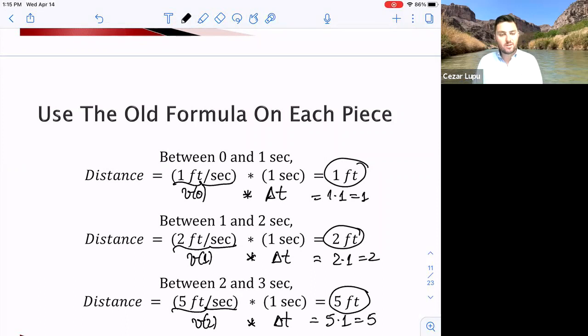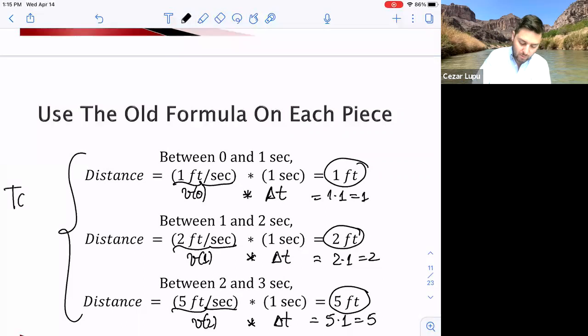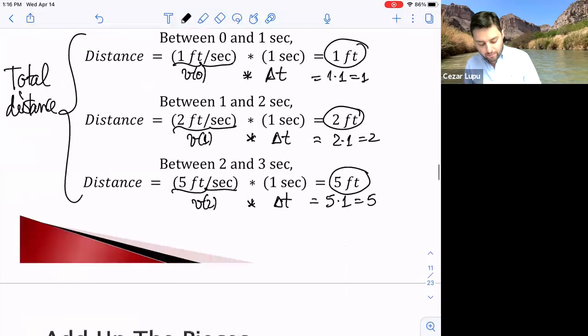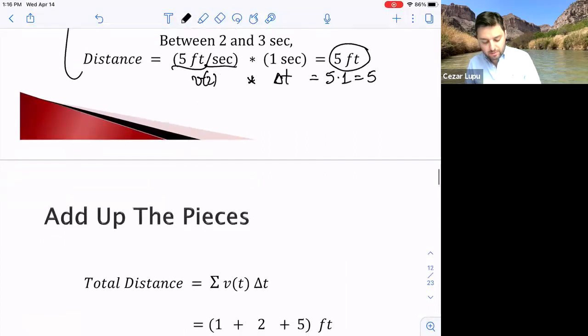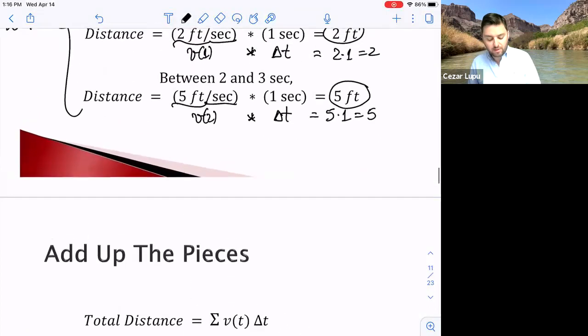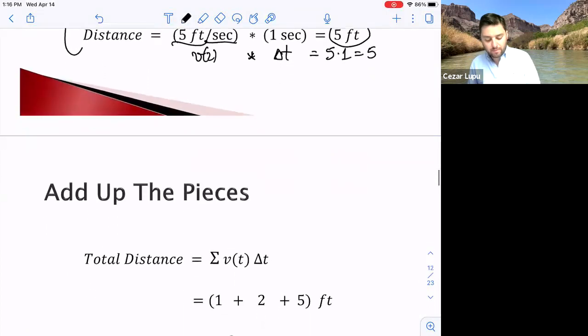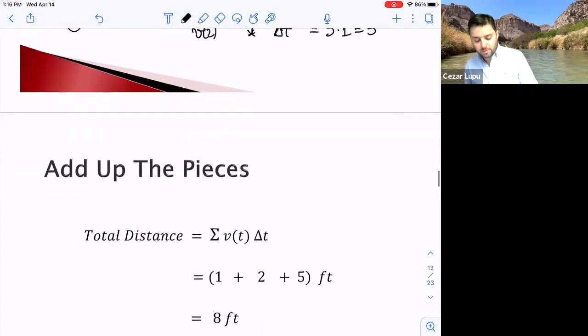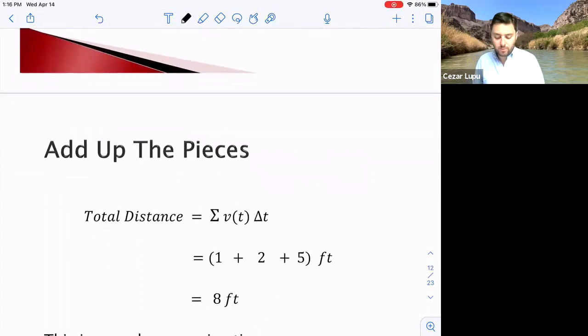So now let's see the total distance. When we would like to find the total distance, we would like to add up all these pieces. So we're going to add up all of them. So the total distance would be the sum of v of t times delta t, which is 1 plus 2 plus 5 times the 1, right? This guy is 1.